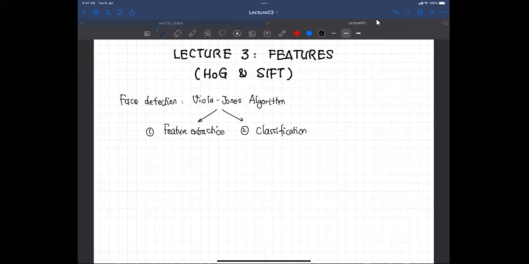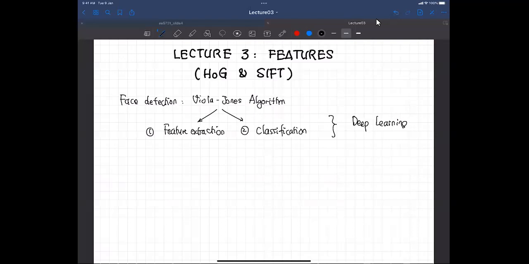So this is really, really basic. And these are used also for deep learning. If you learn about deep learning, you always have these two things, feature extraction and classification.